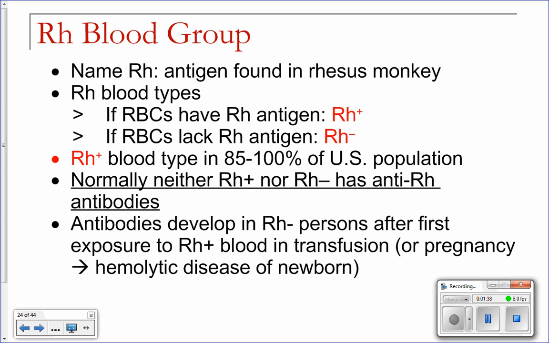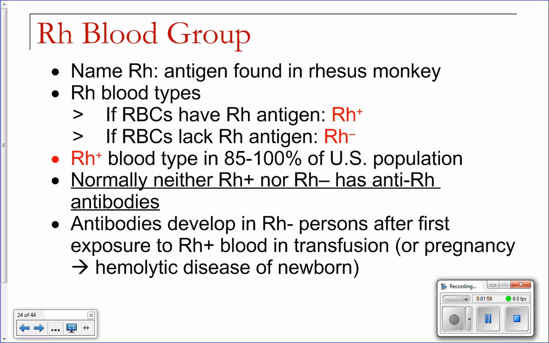Okay, so let's say the mom is A negative, and the baby that she's carrying is A positive. During birth, blood gets mixed between the two, and so the mom, seeing the baby's blood as A positive, will develop antibodies against that RH factor.